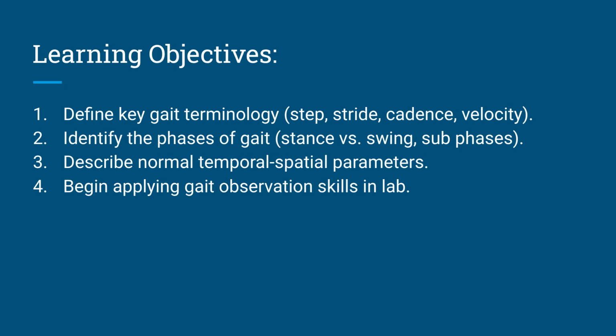By the end of this lecture, you should be able to clearly define gait terminology such as step, stride, cadence, velocity, and base of support. You should understand both traditional gait phase terminology and Rancho Los Amigos terminology, and be able to move fluidly between them. You should also begin developing a systematic way to observe gait.